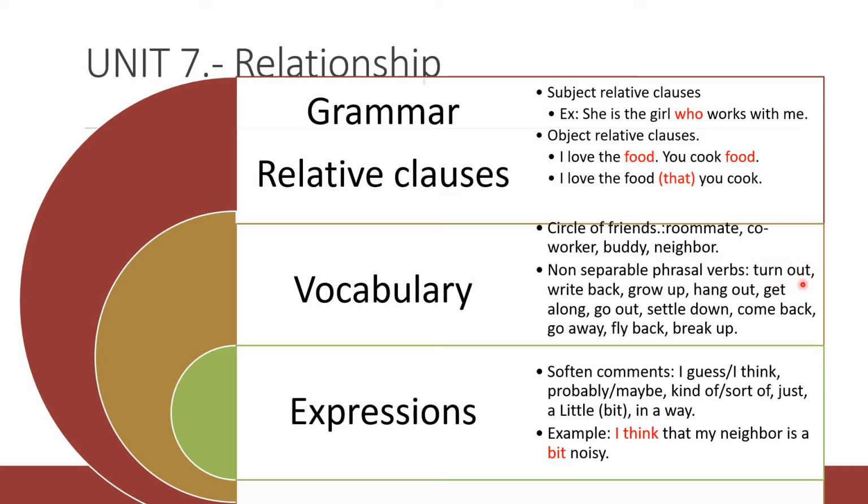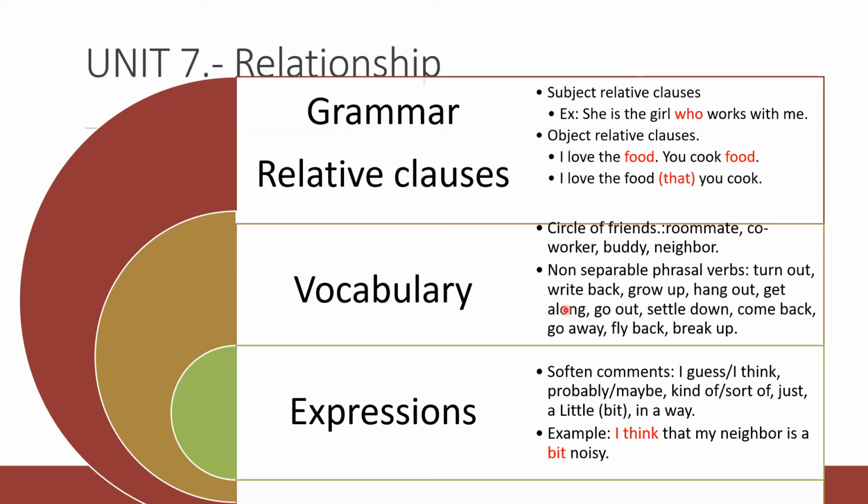So here we have turn out, that means resultar, write back, that means contestar, like in a mail, write back an email. Grow up, that means crecer, talking about the development of a person from child to teenager and then adult. Hang out, it means to share time with your friends, maybe in a shopping center.